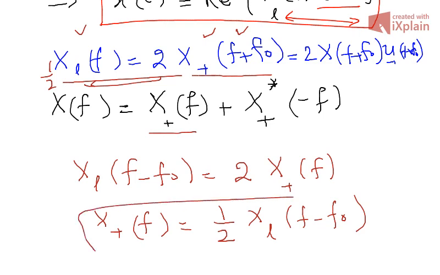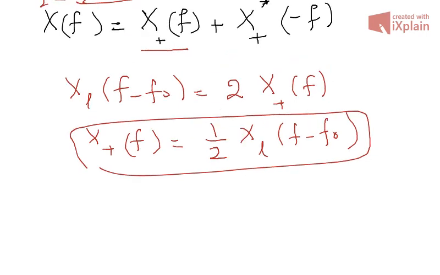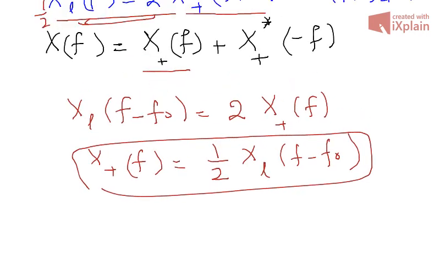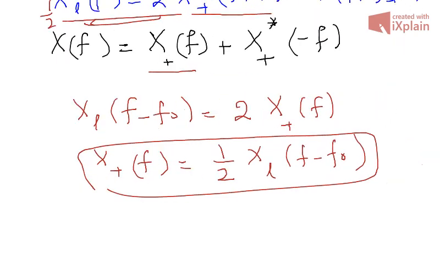We can rewrite this equation. Now, if we have this expression for X positive of f, and we already know from our previous knowledge, we already have this identity.